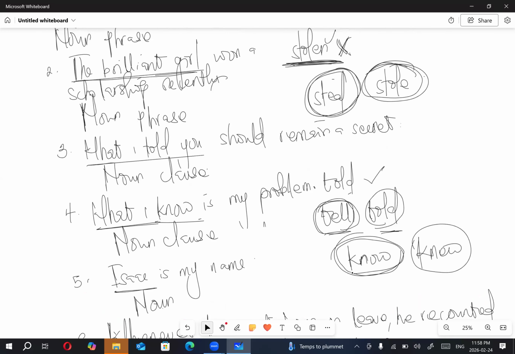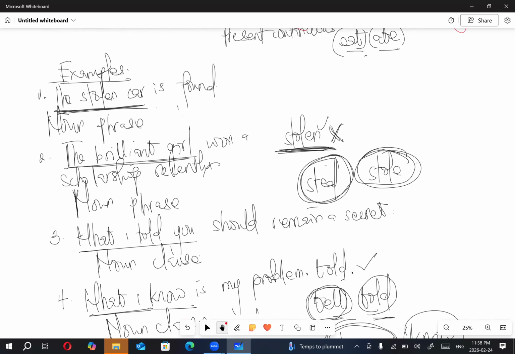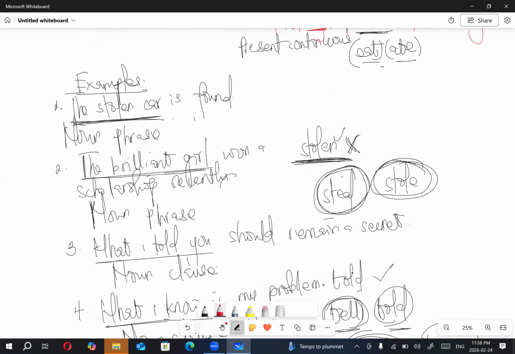I'm giving you more tips, so when we get there, you understand. Look, number two is beginning with an article there. Number one is beginning with an article there. Now, if I have to underline a scholarship also for you in future, you must be able to tell me the grammatical name: that's a noun phrase.